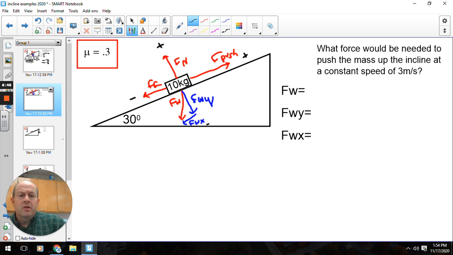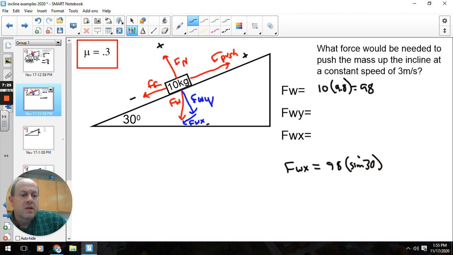So when we solve for our force weight, that's our mass times our gravity, which gives us 98 newtons again. For our force weight x, using our trig functions from the last example, it's force weight times sine of 30, and that's going to give us 49 newtons.